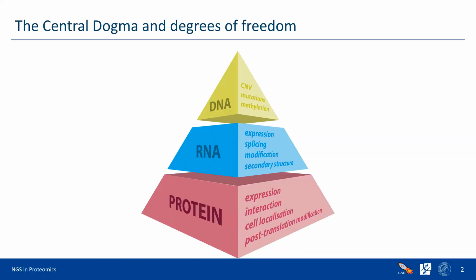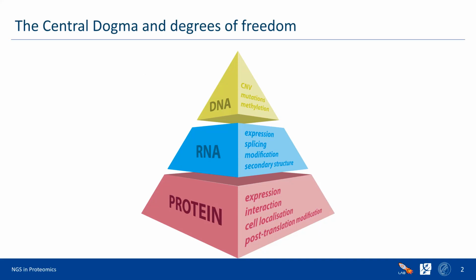So let's start from the very simple thing. If you look at how the central dogma works, there's DNA, RNA, and proteins, but on each level you have different degrees of freedom. For example, in DNA, you have copy number variation, mutations, and epigenetics, for example methylation. On the RNA level, you have expression, splicing, modification, secondary structure, also localization. And all these degrees of freedom are multiplied by all the degrees of freedom you had on the DNA level.